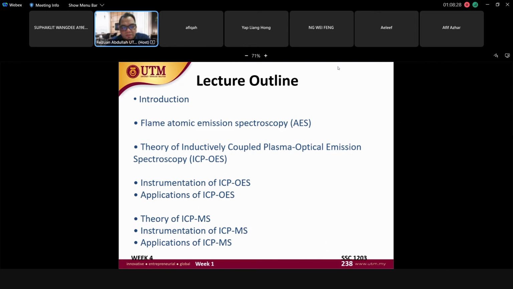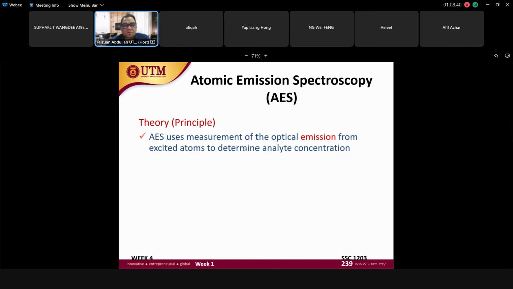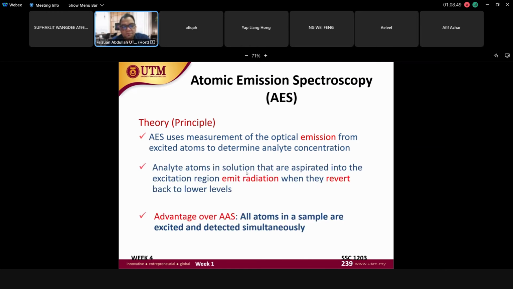We have the optical emission spectrometer, and also we have the mass spectrometer, right? I can just go very fast on this instrument, right? So for the theory, AES uses measurement of the optical emission from the excited atoms to determine the analyte concentration, right?